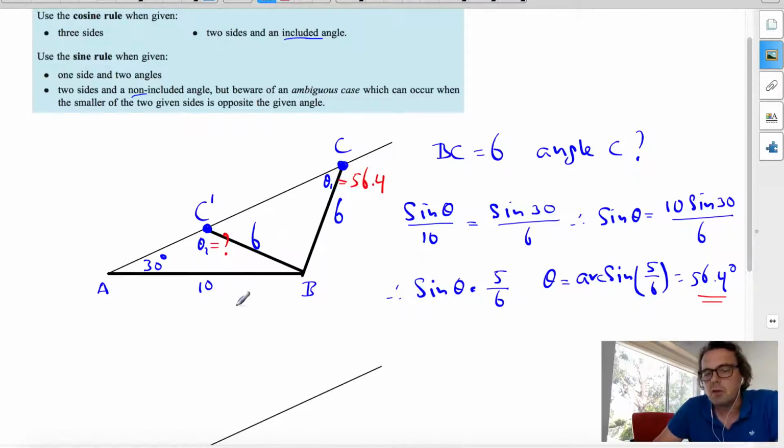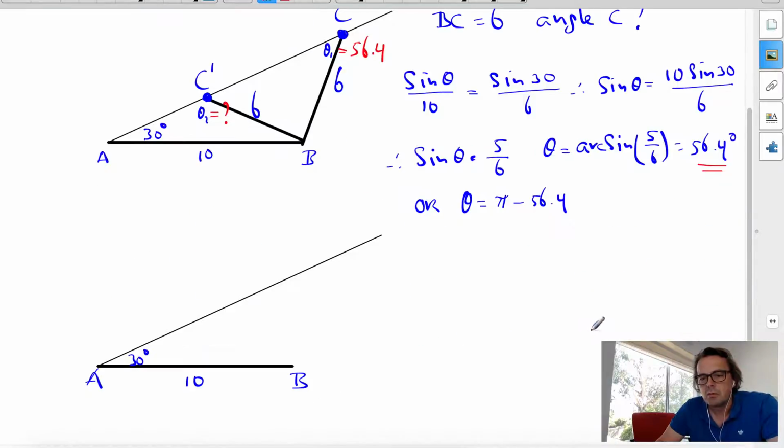Well, the ambiguous case says if your first answer is theta 1, then your second answer, and it always works like that, theta can be pi take away your first answer. Well, pi is in radians. Here we work in degrees. So really, I should have said 180.